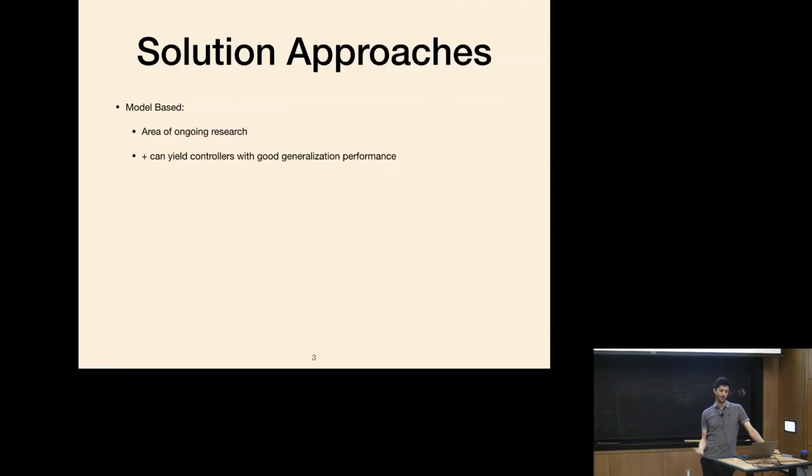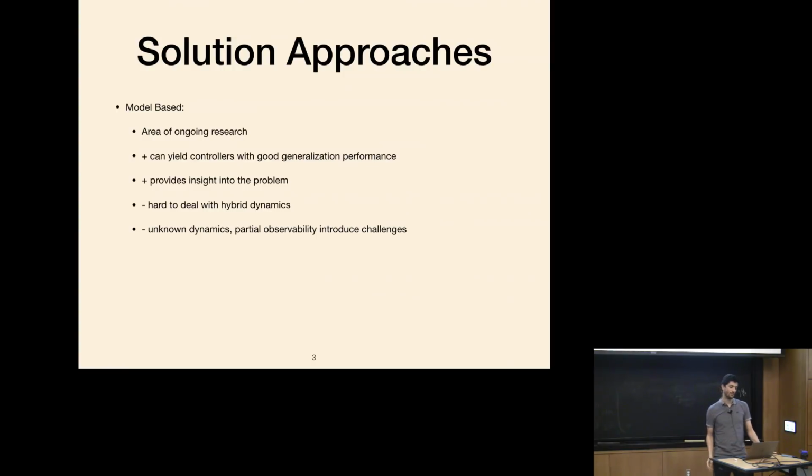You get controllers that can generalize really well, because if your model carries over, you don't have to retrain if you change something. Maybe you can just change one parameter. It also gives you a lot of insight into the problem. On the negative side, it can be really hard to deal with hybrid dynamics. That's a huge challenge and an open area of research.